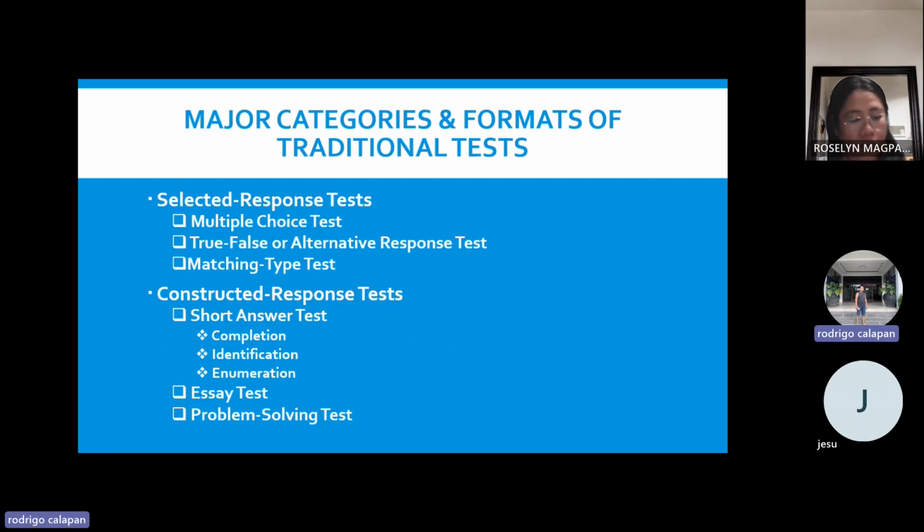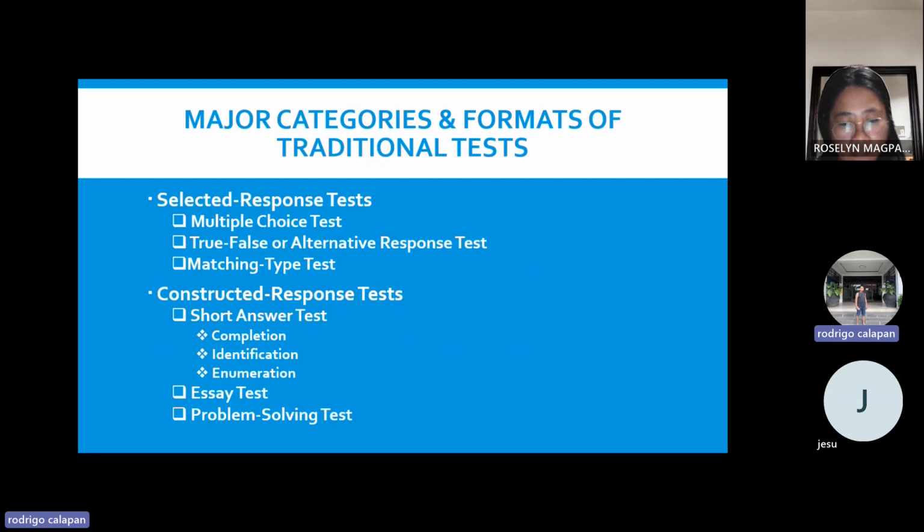Specifically, when we talk about selected response tests, these require learners to choose the correct answer or best alternative from several choices. While they can cover a wide range of learning materials very efficiently and measure a variety of learning outcomes, they are limited when assessing learning outcomes that involve more complex and higher thinking skills.